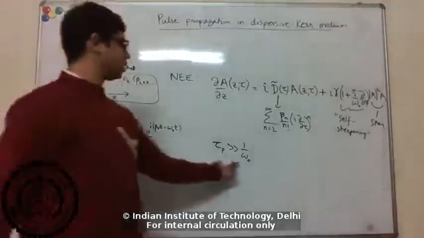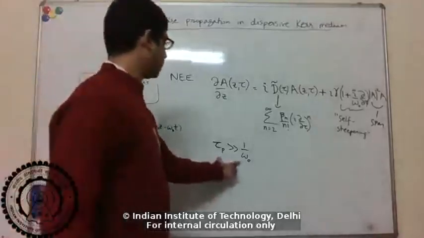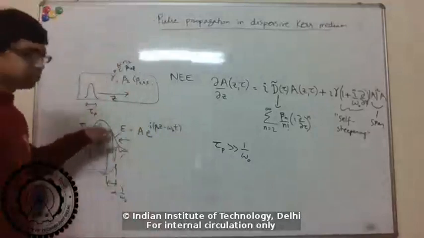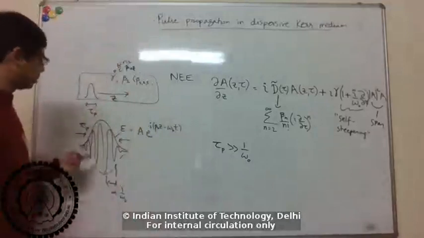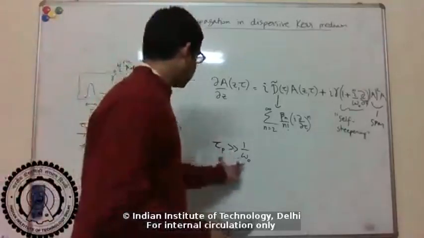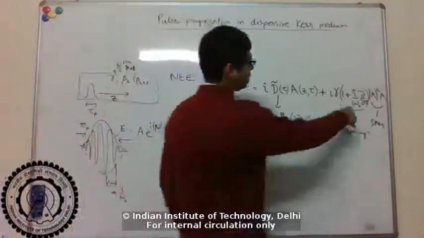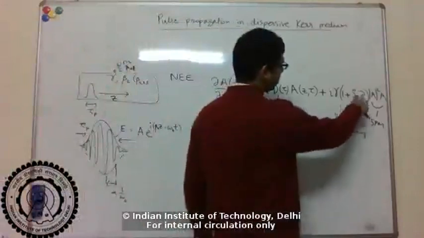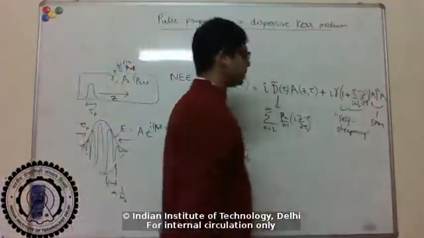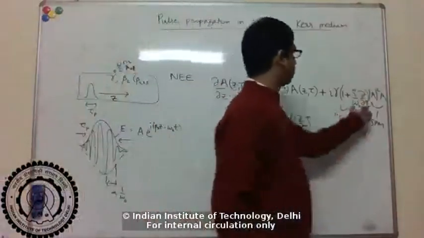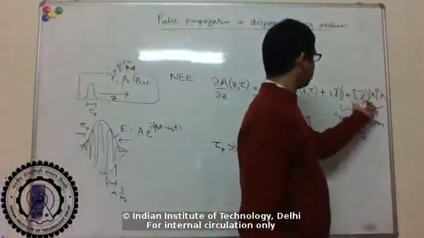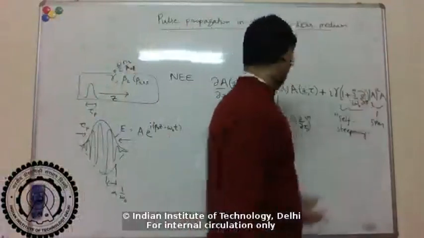So what this is saying is that if your pulse contains many cycles, then this self-steepening term, which goes as 1 over omega naught d over d tau, is small, right? So this 1 plus the derivative with respect to time we can neglect.